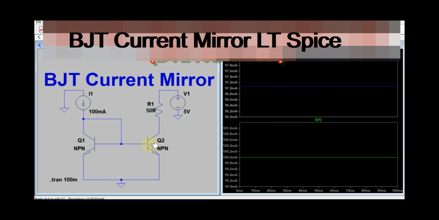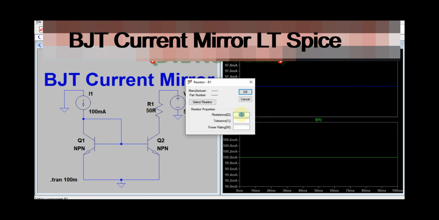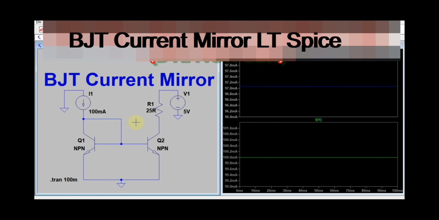Now if you further reduce the resistance value, let me halve this resistance, that is 25 ohm. I have reduced the resistance value to 25 ohm, and I will run the simulation again.